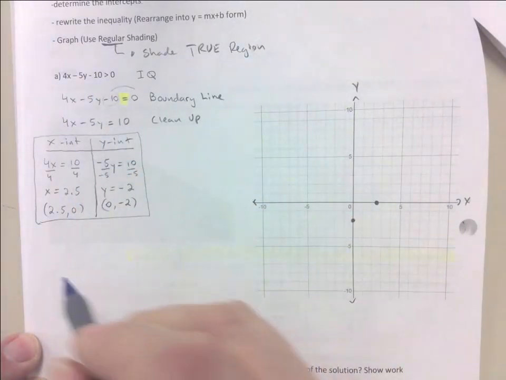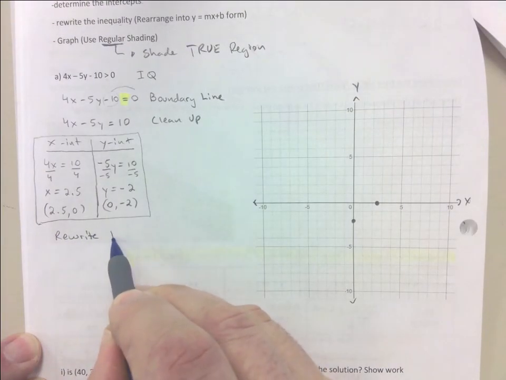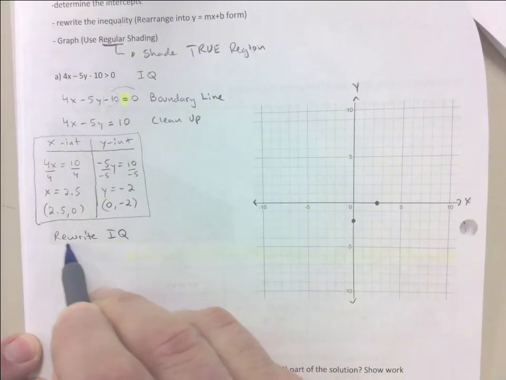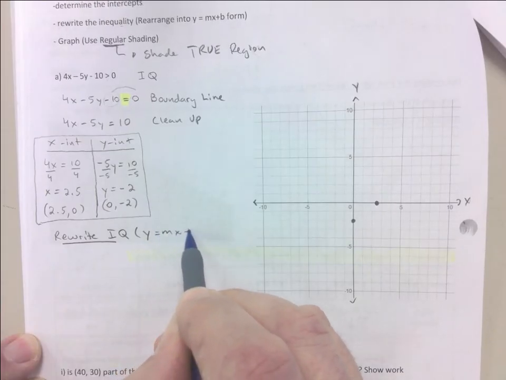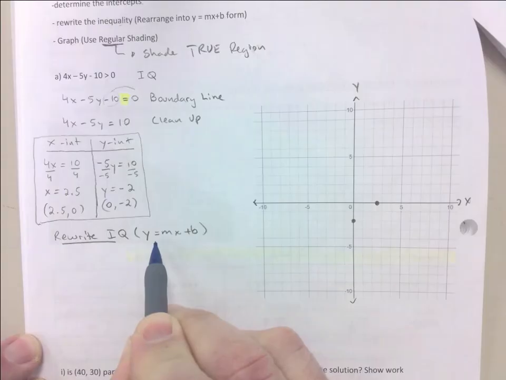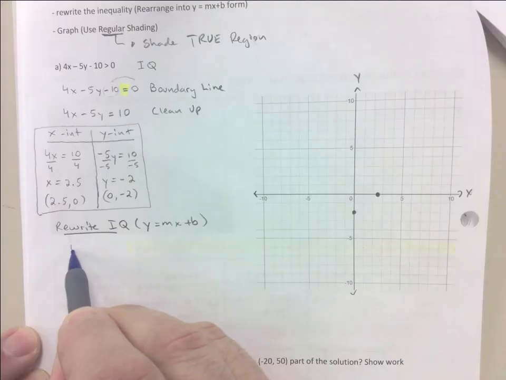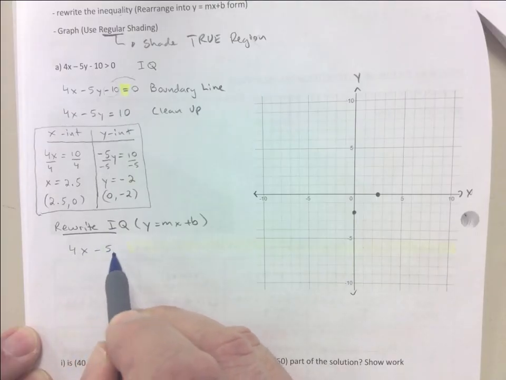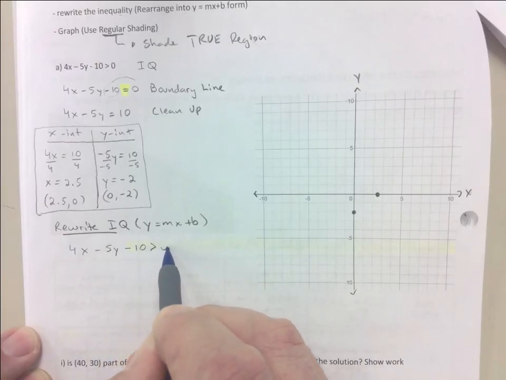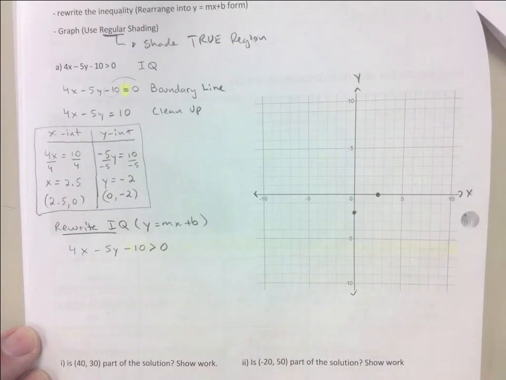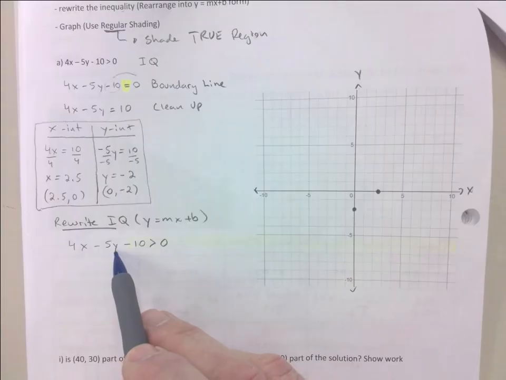So before I graph it, I'll just rewrite. And I rewrite the inequality, right? Y is equal to mx plus b. And I know you're seeing the equal sign there. Just disregard that. Okay, so it's 4x minus 5y minus 10 is greater than 0. And you want to isolate y, okay?